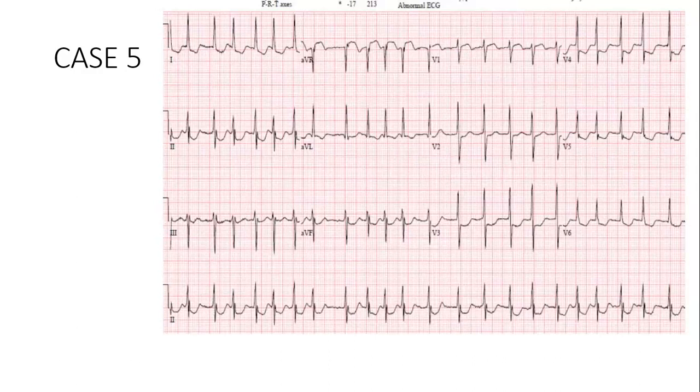So your rate control is quite important. Yes, also your rhythm control, but again, turning it from AF to sinus rhythm without knowing that there's a thrombus risks a thromboembolic event. So rate control always supersedes rhythm control in management of an AF.